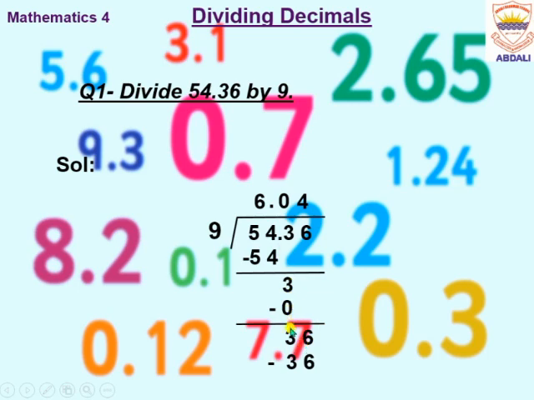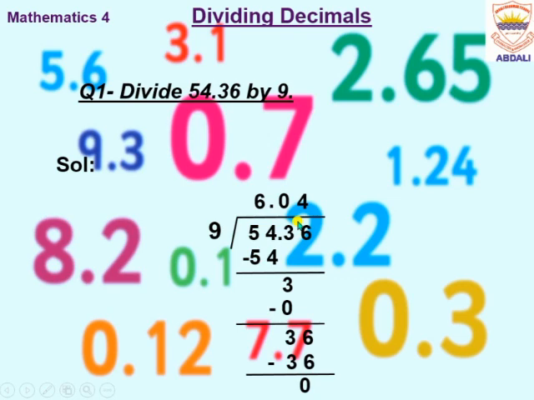After bringing down 3 here, we can bring down 6 here. It will become 36. So 9 4s are 36 and remainder will be 0. We need to put 0 here because if we don't do these steps, our division will become wrong, because after multiplication we didn't get 54.36.